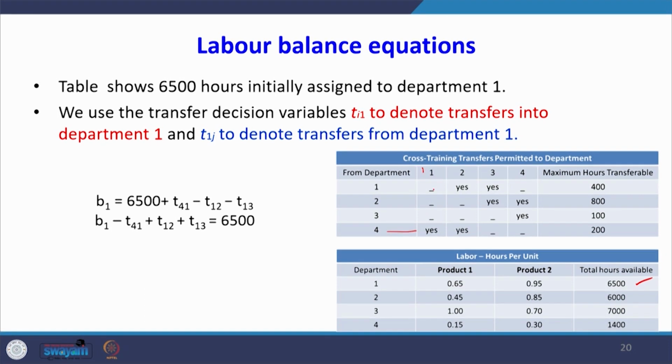So, T41 is plus, and from department 1 you see T12 is going away, so T12 is minus. Similarly, T13, we are taking some employees from department 1. Whenever we take those, it is minus, that is why it is minus T13. So, when you simplify this, B1 minus T41 plus T12 plus T13 equals 6500.